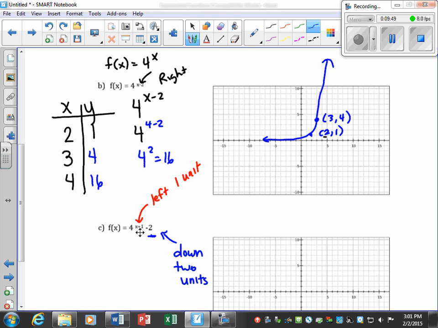Remember, we think opposite, so it's to the left 1, down 2. If I started at 0, 1, which is on every parent graph of an exponential function, and I went left 1, down 2, that would put me at this point right here. So I'm expecting that I'm probably going to go through that point when I actually do my XY table.